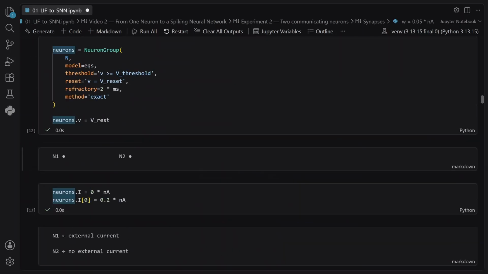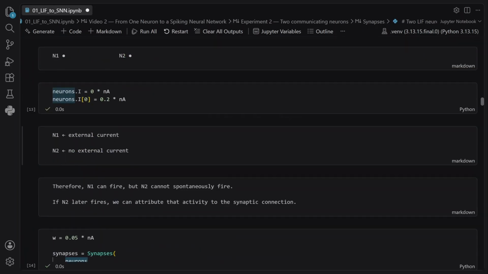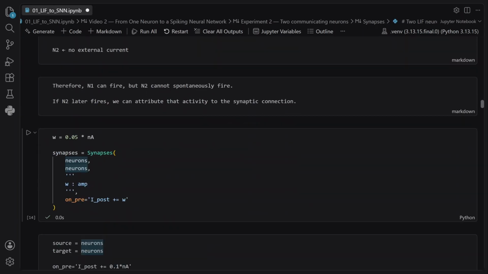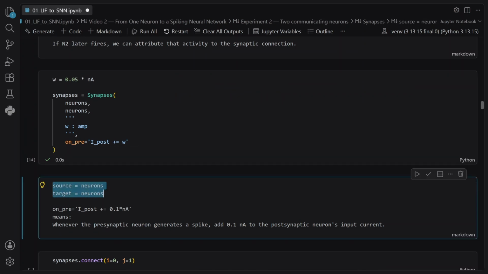It's the same group, that's why I have to rewrite them, but we could have different neuron groups as well. Source is the neuron, target is also the neuron, on presynaptic here. So this means whenever the presynaptic neuron generates a spike, add W to the postsynaptic neuron input current.